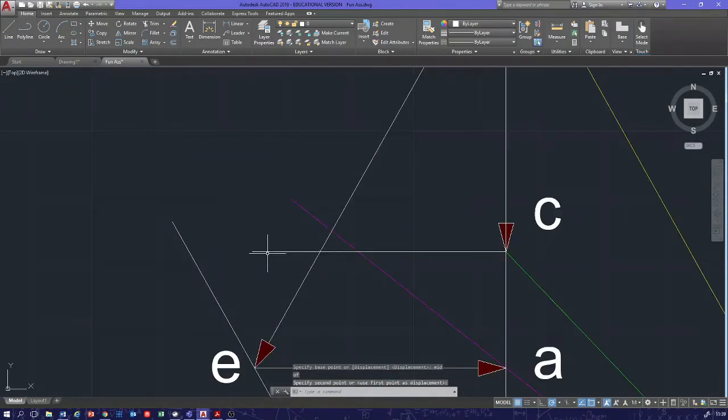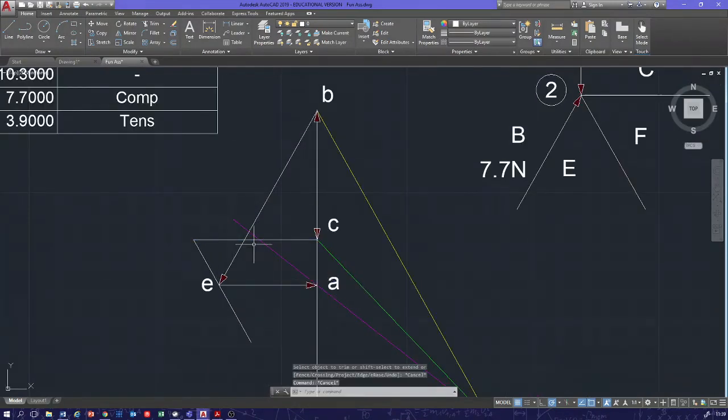Okay, so we can quickly see then, if we just extend this line here, and then chop off that bit, and let's just trim that out as well. Let's make it look a bit neat. Okay. So we've now found point F. This is point F right here.